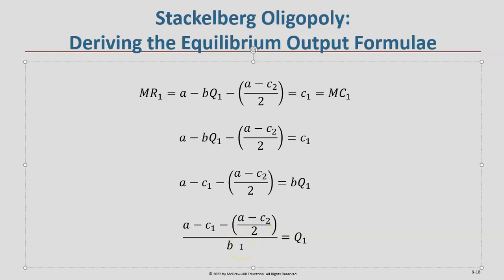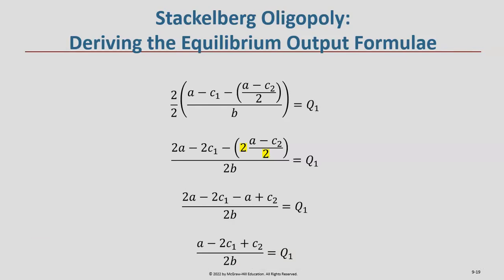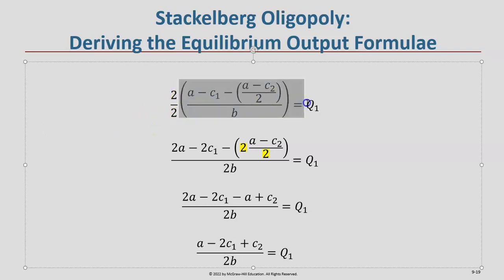Okay, so moving to the next slide, I'm going to multiply the left-hand side by 1, but it's a slightly more complicated form of 1. It's equal to 2 divided by 2. So everything I've highlighted here was the last equation on the previous slide.